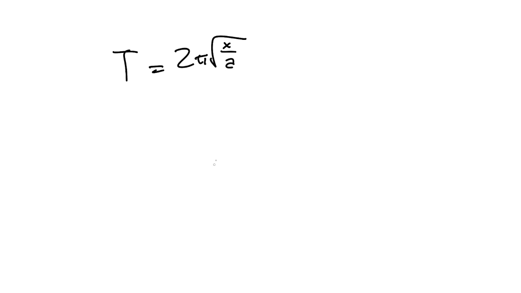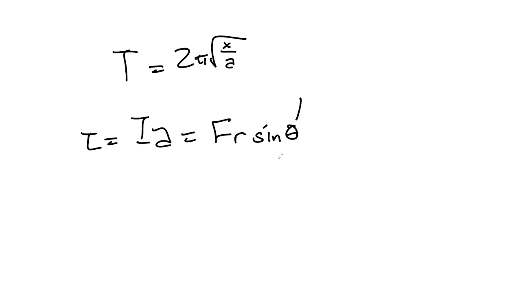Now, this is going to be kind of interesting. Our a is equal to, remember, I alpha equals torque, which equals our force times our radius, sine theta. And now theta actually matters because the displacement creates an angle. That's actually important. So this is going to create kx.